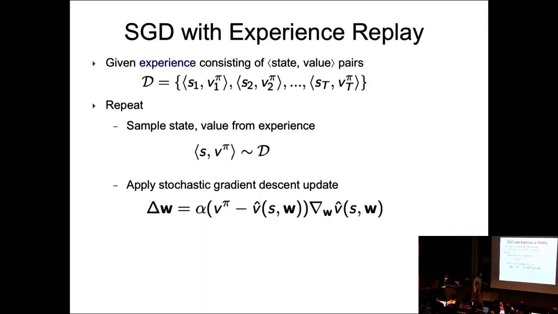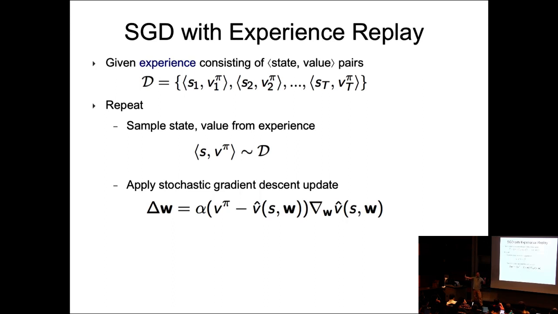Imagine the setting where, when you're running your episode, you're in a particular state, you take an action, you go to the next state. Okay? So you start with S1, you take an action, you go to S2, right? You're starting at S2, you take an action, you go to S3, right? And so forth. And that's how you would generate an episode.